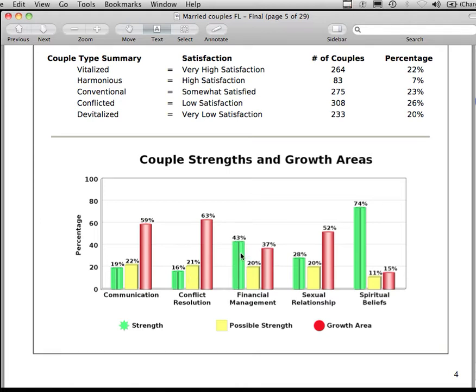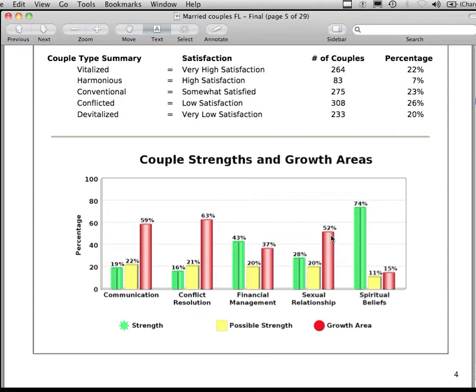Finance shifts a little bit. They're doing a little bit better. 43% have that as a strength area, but still, over a third are struggling with financial management. So there's certainly room to improve there, but not as much of a need as you see in these two areas of communication and conflict resolution. Well, not surprisingly, sexual relationship is not faring well.